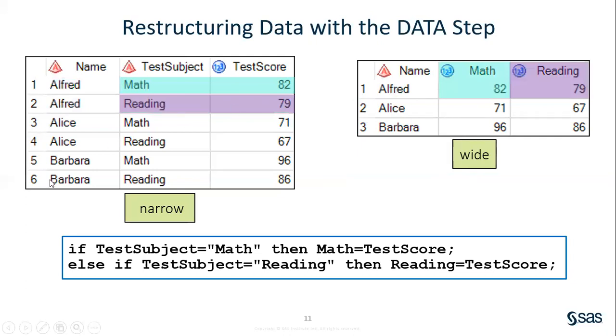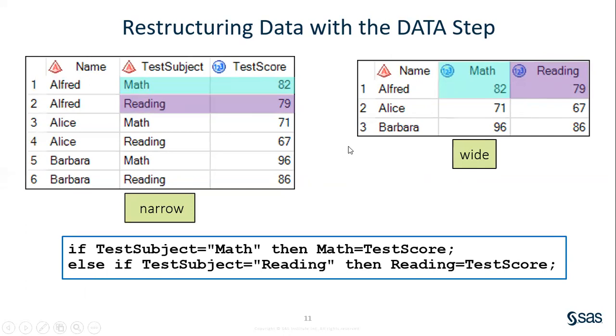For that you can use conditional statement telling if your test subject is math, then create a column math where the value is coming from test score. Else, if the subject is reading, then create a column reading, and the value for reading will be coming from test score. This is what is happening. Okay, understood?